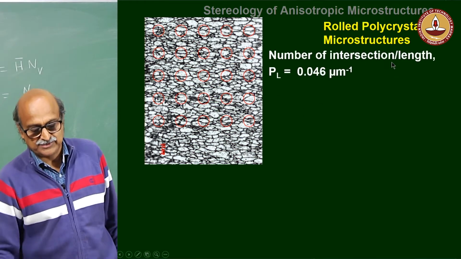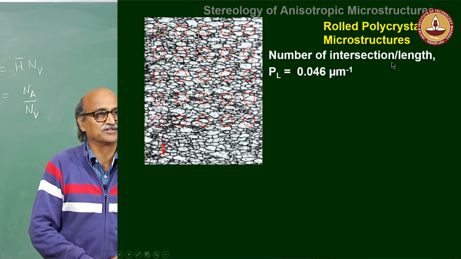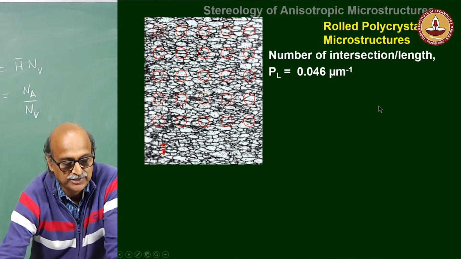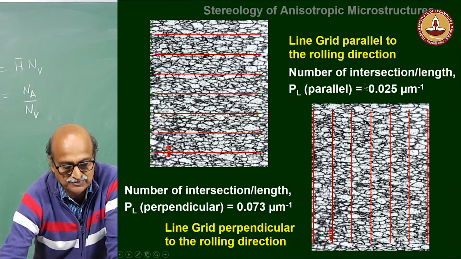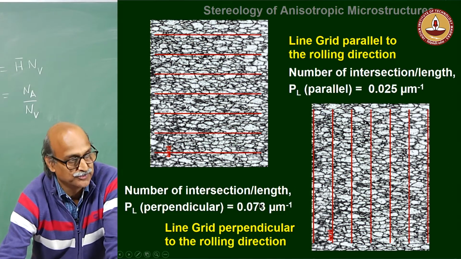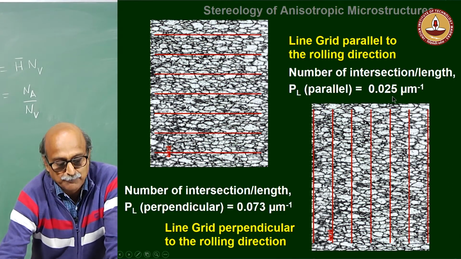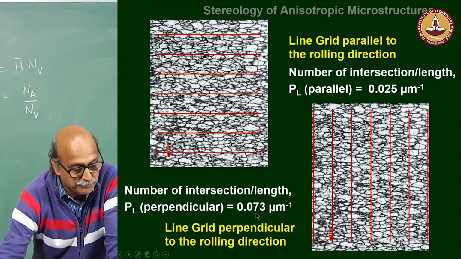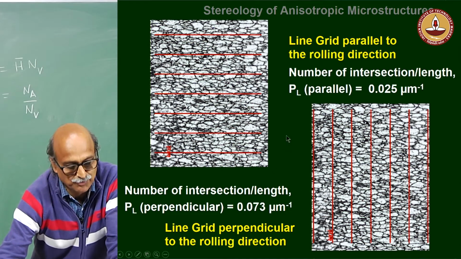And then I get the number of intersections per unit length as 0.046 per micron, and if you compare it with the previous values, it is in between these two values, 0.025 and 0.073. The parallel direction is the minimum possible value you can get, and the perpendicular direction is the maximum possible value you can get.